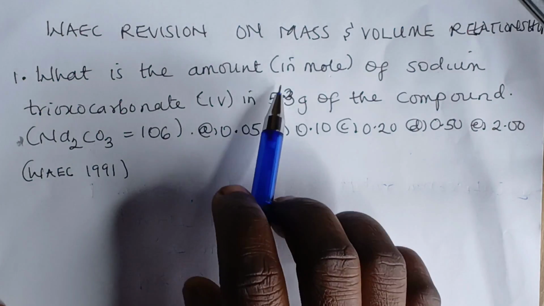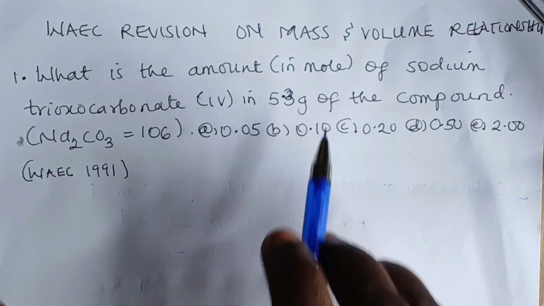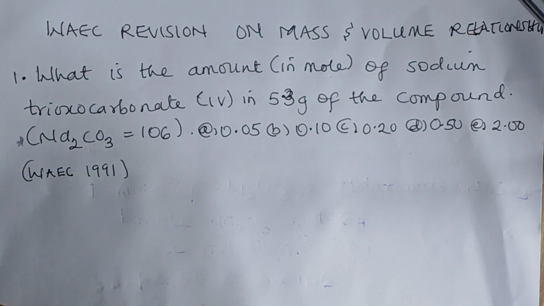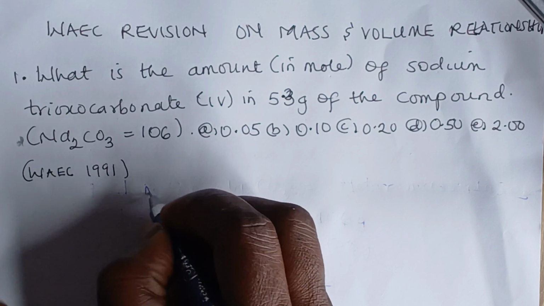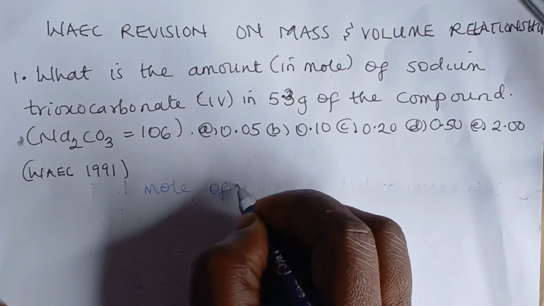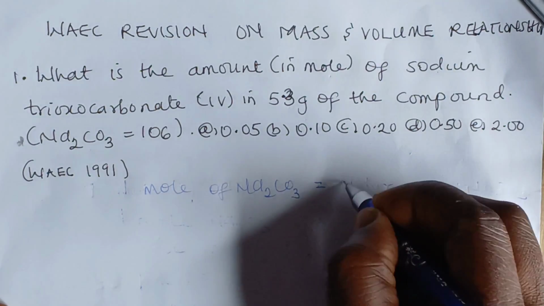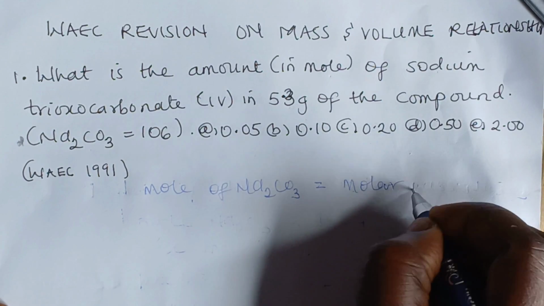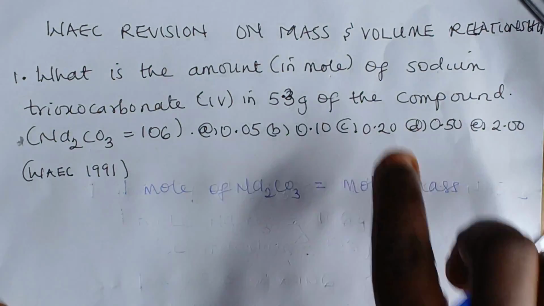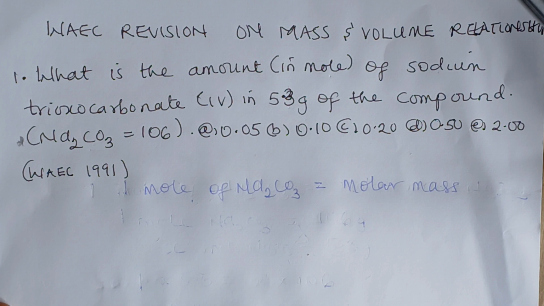Now, since we are dealing with mole and mass, I'm going to be focusing on that very point I mentioned. 1 mole of Na2CO3, that's sodium trioxocarbonate IV, is its molar mass. No other thing here, no volume, no Avogadro's number, no other parameters except mole and mass.